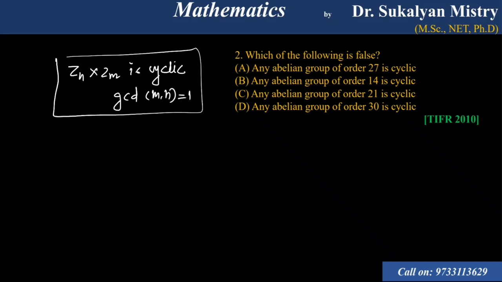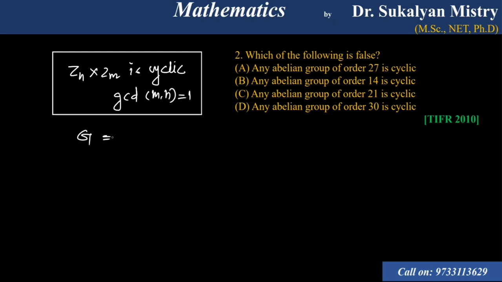Apply this result. Okay, so here for option A, let G be equal to Z3 cross Z9, because the order of the group G is 27, so G can be expressed in the form Z3 cross Z9.